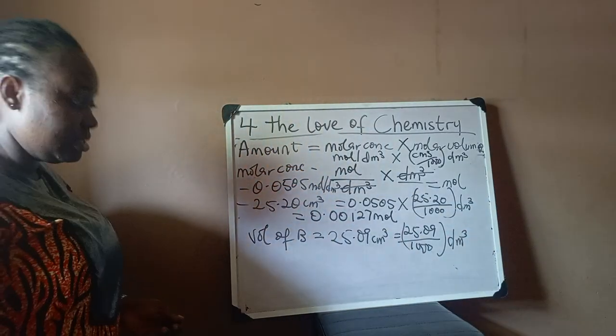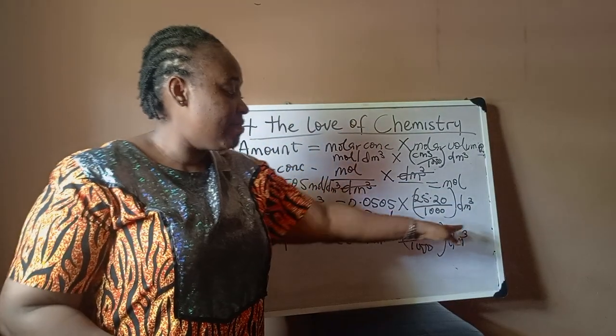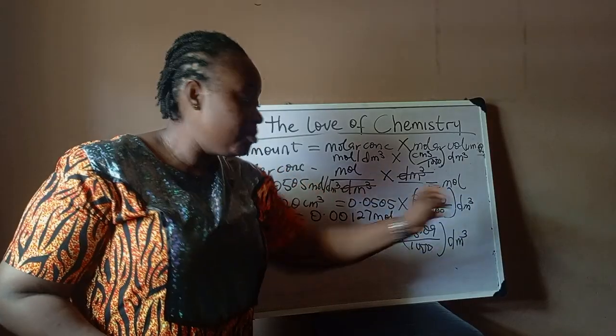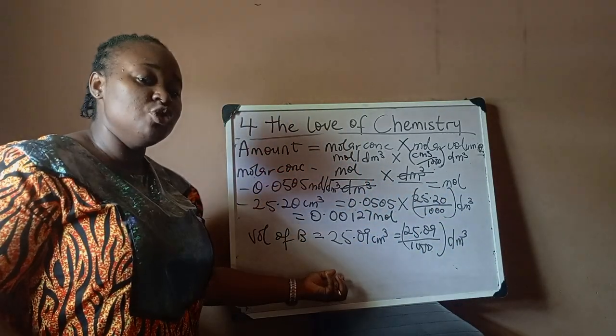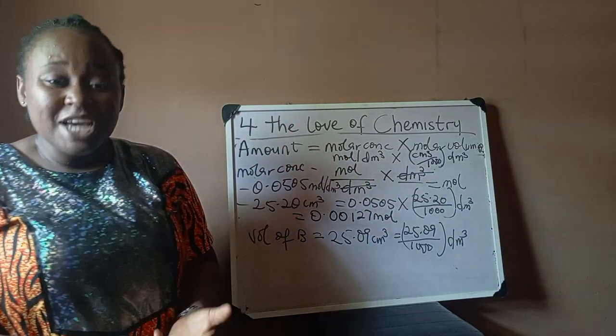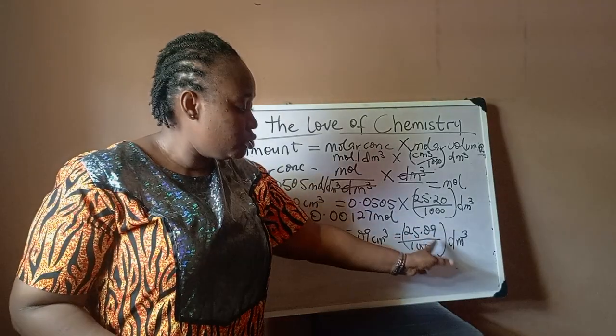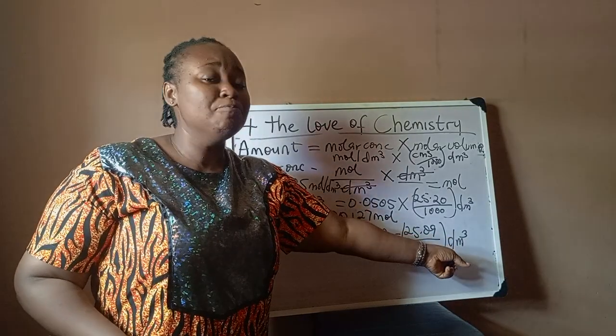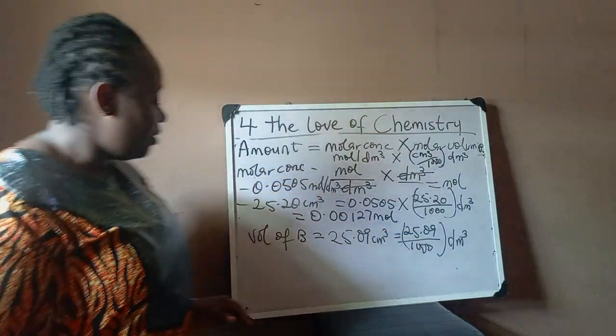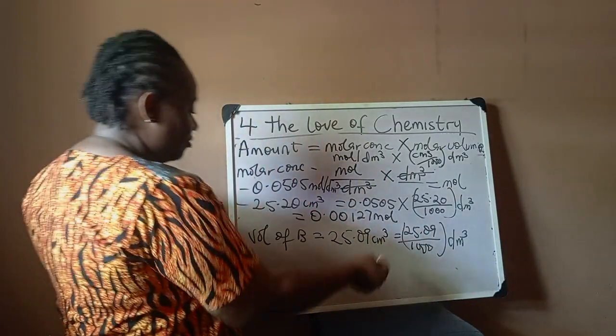You can decide to multiply it here, write out your answer, put the unit in dm cubed, and then carry it into your multiplication, whichever way you want. But please make sure that you show full working and put the unit. It's very important.